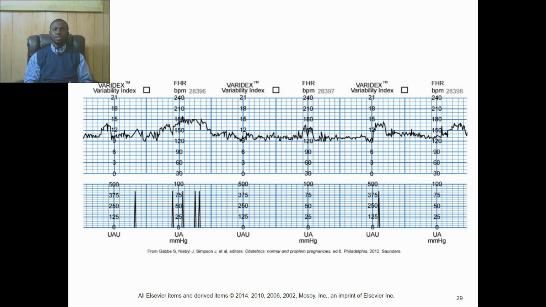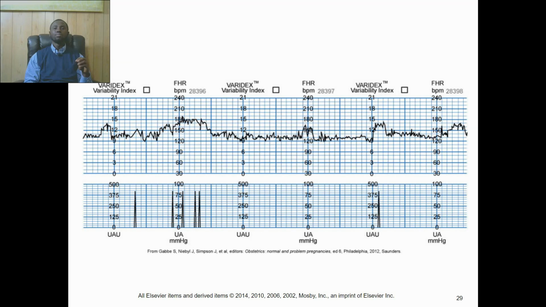Before 32 weeks of gestation, an acceleration is defined as a rise of at least 10 beats per minute, lasting at least 10 seconds from the baseline.